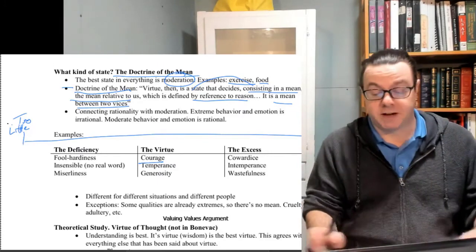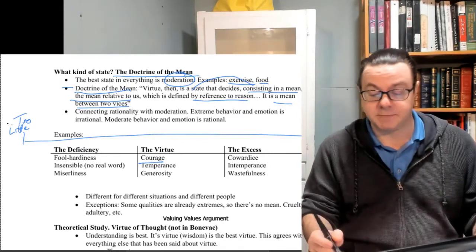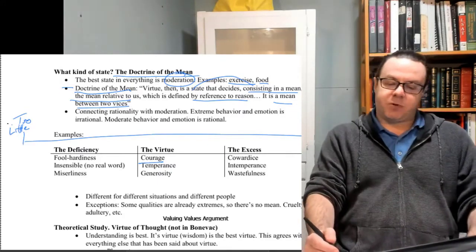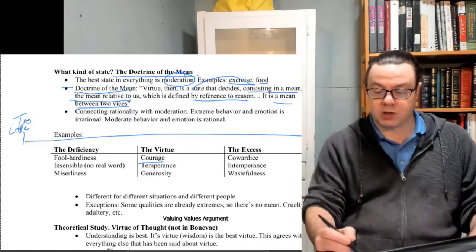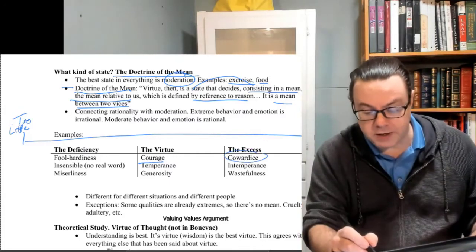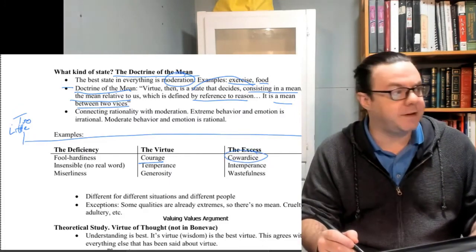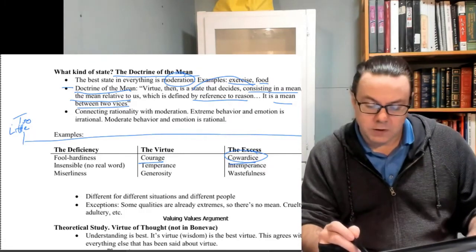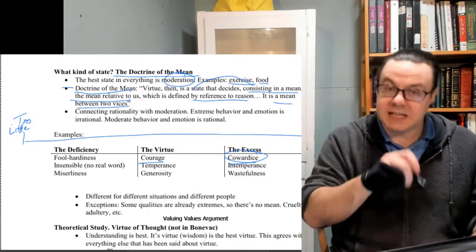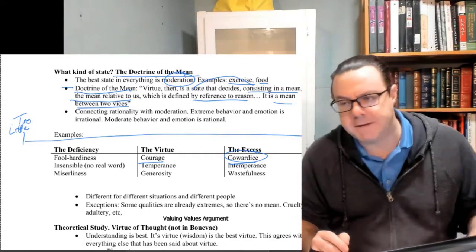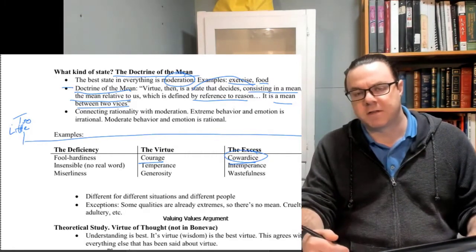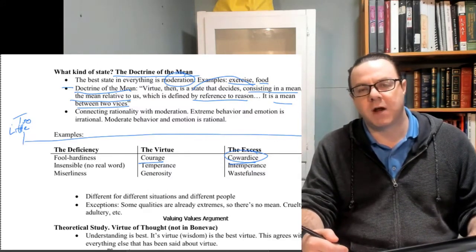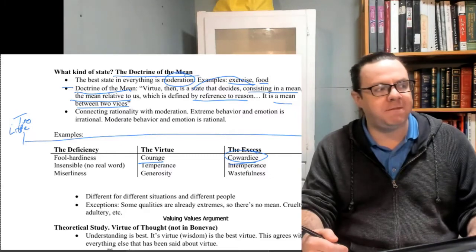Courage is an example that works really nicely in this system because, clearly, it has something to do with fear, right? So if a person has too much fear, if they're scared all the time and terrified every time there's a knock at the door, well, that's cowardice. On the other hand, a person can have too little fear. Aristotle thinks you're not courageous if you don't have any fear whatsoever.